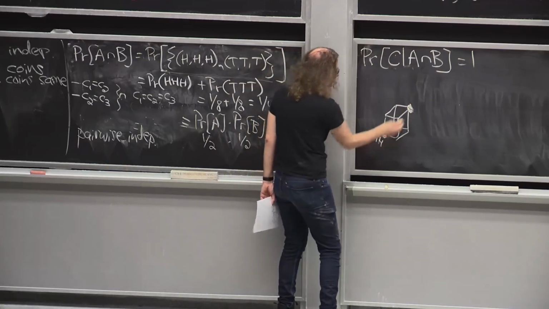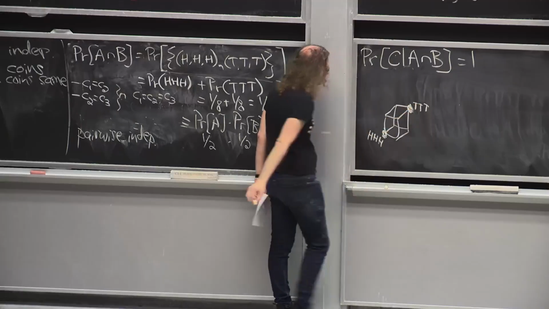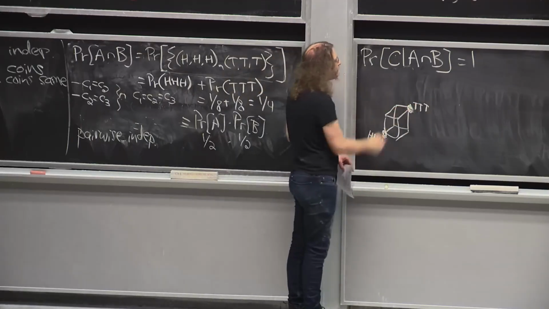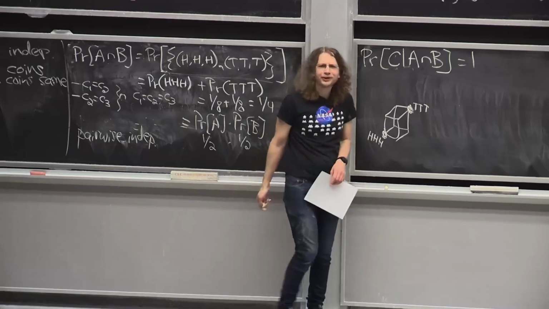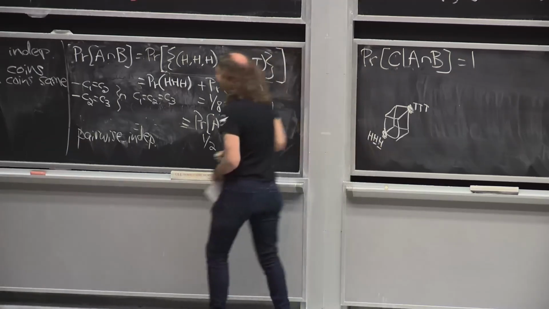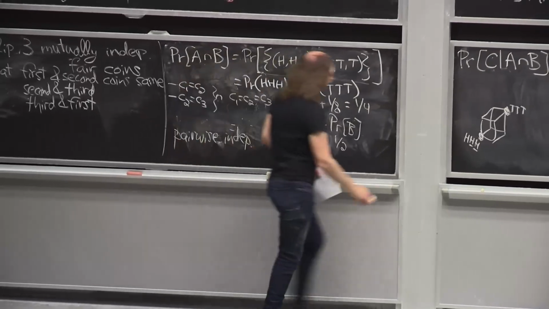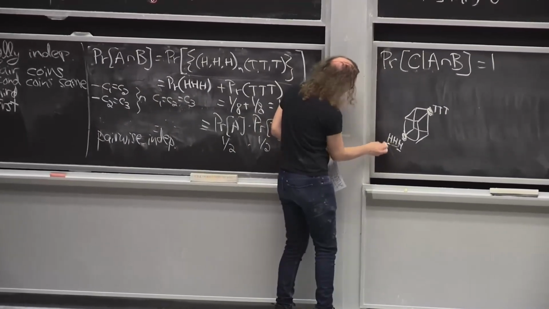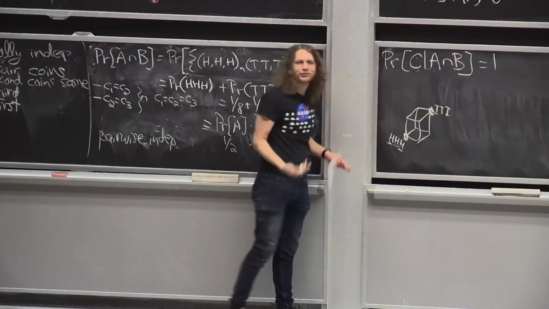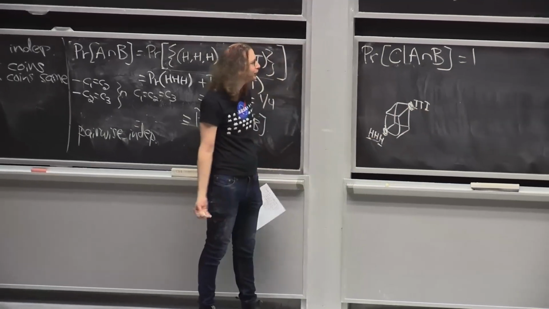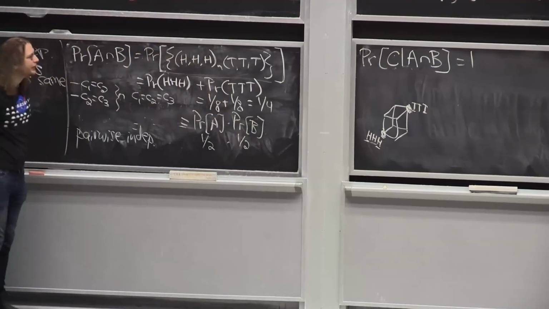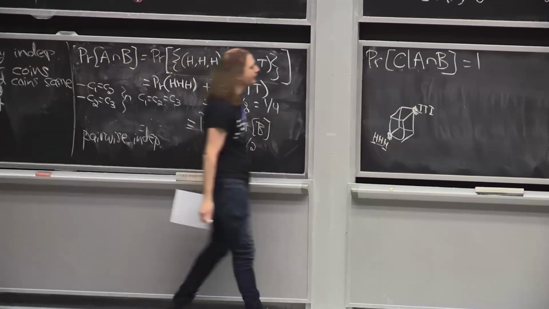Maybe you're used to the cube, and this is familiar, that they're opposite corners like this. Maybe not. And so if we zoom into just those two places, and we want to evaluate, what are the chances that the first coin and the third coin are the same in these two scenarios? Well, 100%. It's guaranteed. If you already know that all three coins are the same, which is what we figured out A intersect B means, then of course the first and third coins are the same.